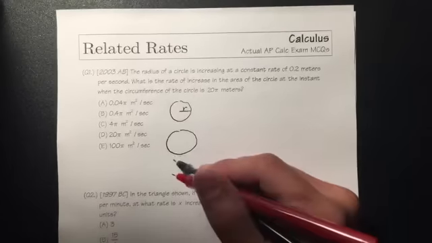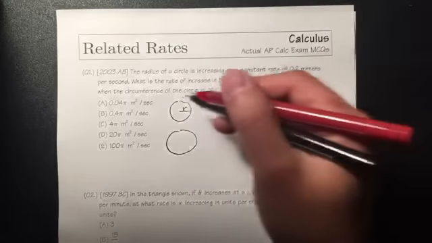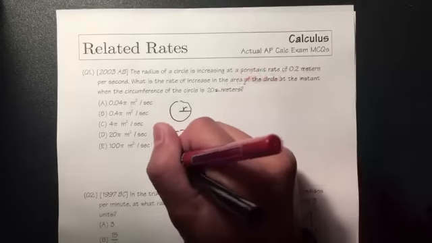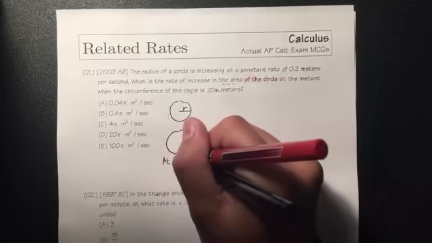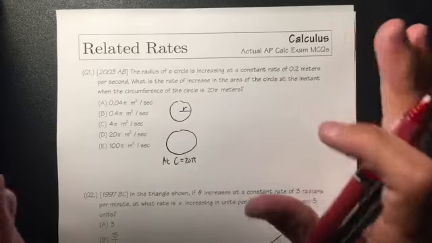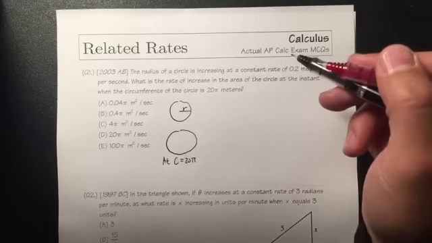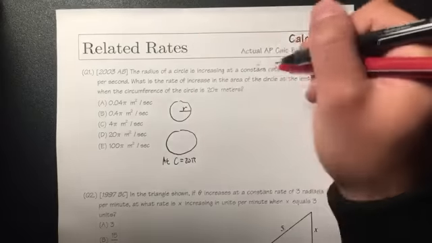And this right here, we care about the instant when the circumference of the circle is 20 pi meters. So I will just write this down. This is at the instant when the circumference of the circle is 20 pi. And now this is how we will do it. We care about the area, right? Because we're trying to find out the rate of increase of the area.